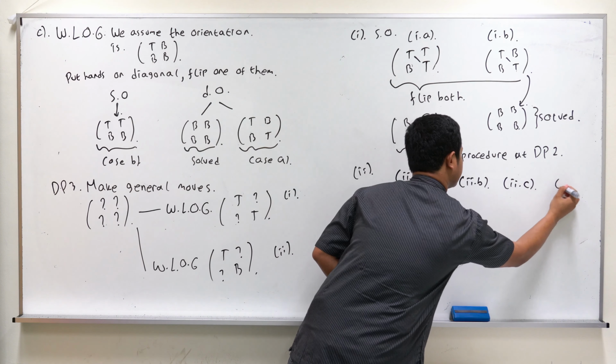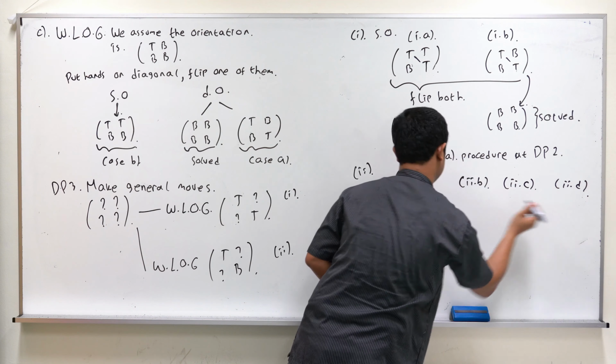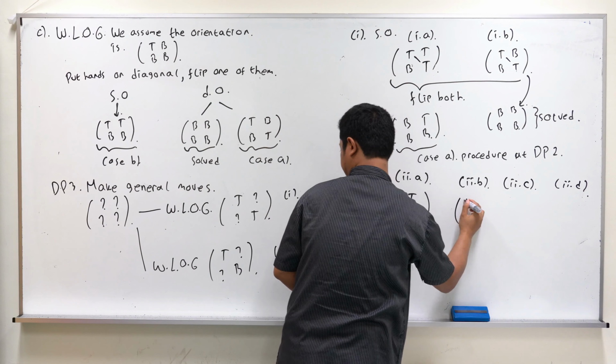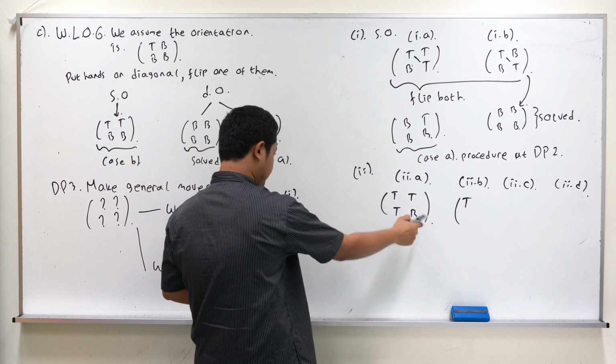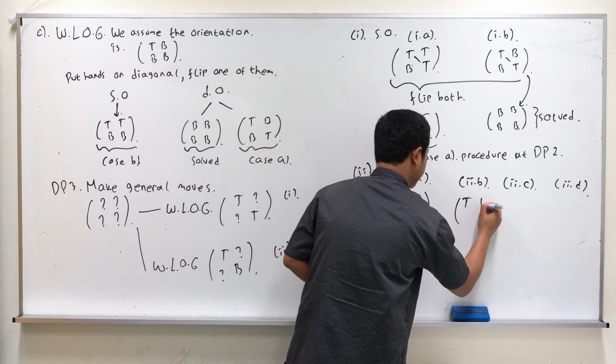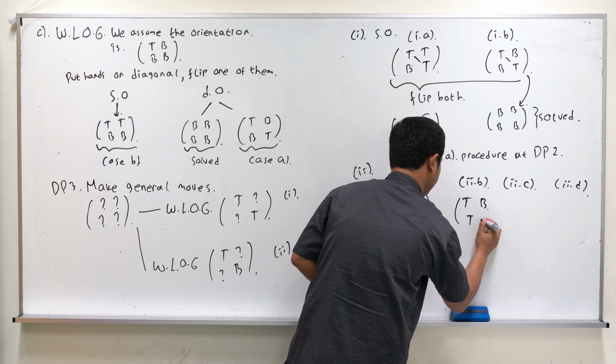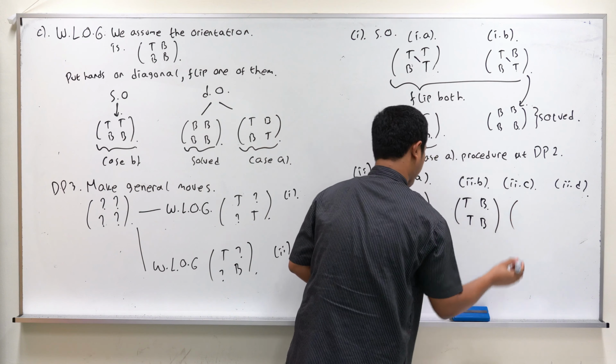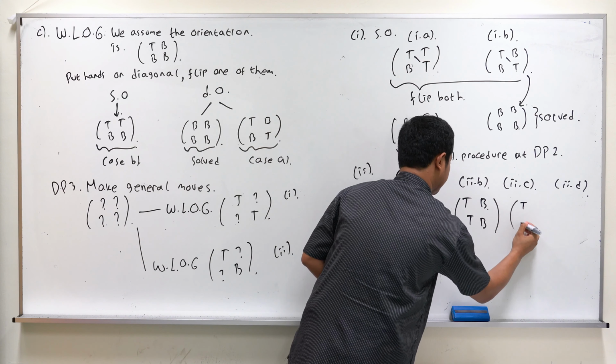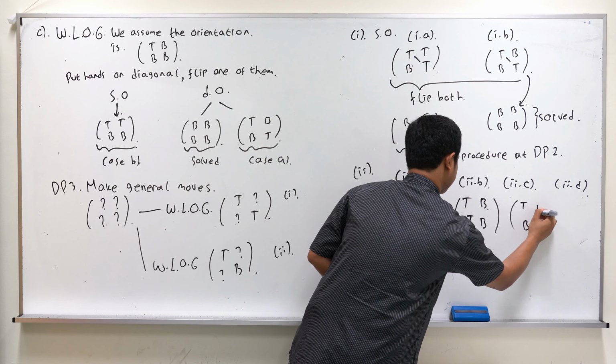Four possibilities. I have TT, TB, TB, TB, TB, TB.